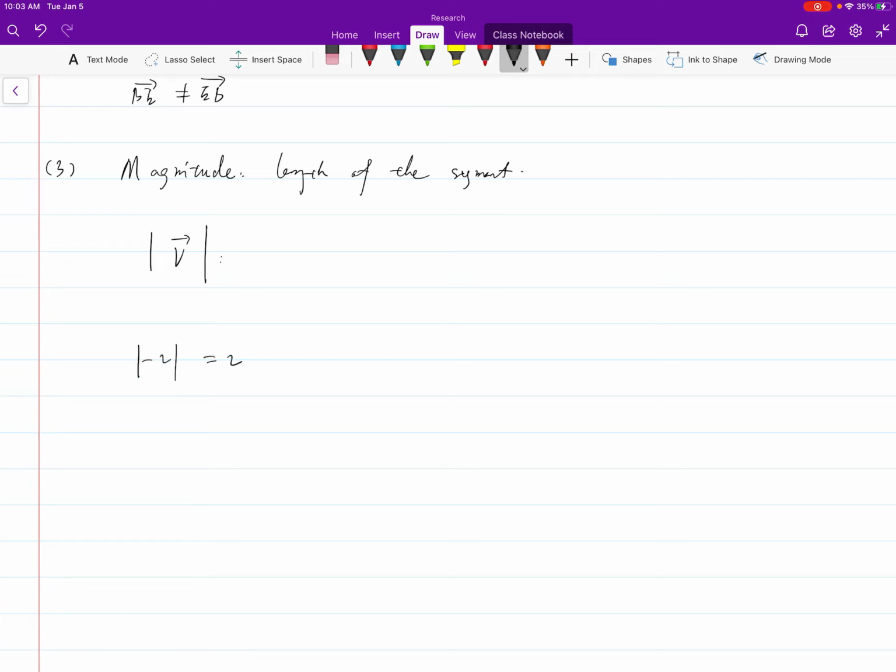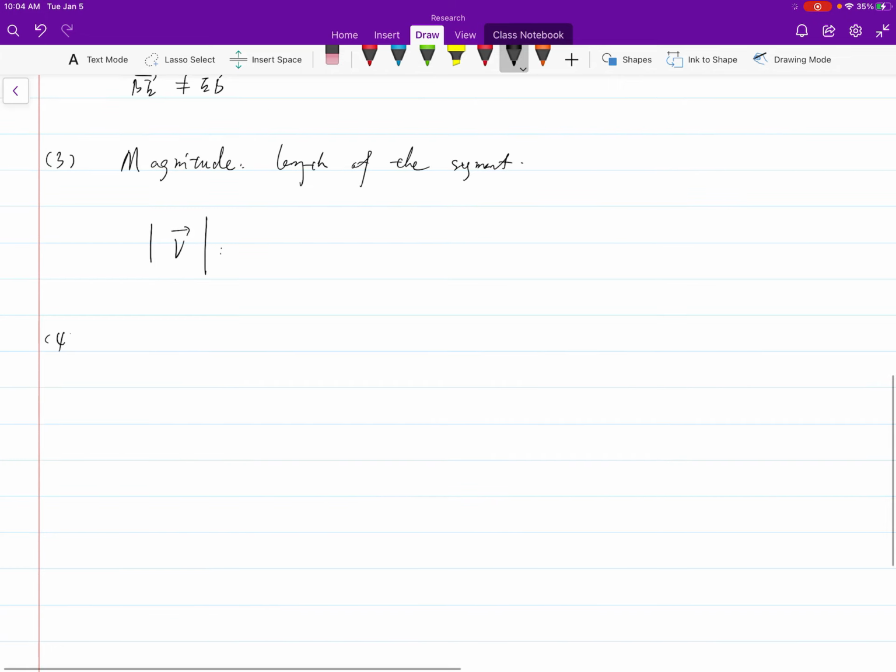Well, this is not something new because we have done this before. |-2| equals 2. That means what? I don't care whether you are bigger or less than 0. Or let's say I don't care whether you are pointing to the right or the left. I just care about the size of your number, which is just +2 always. So this is a natural extension of what we had before for absolute value.